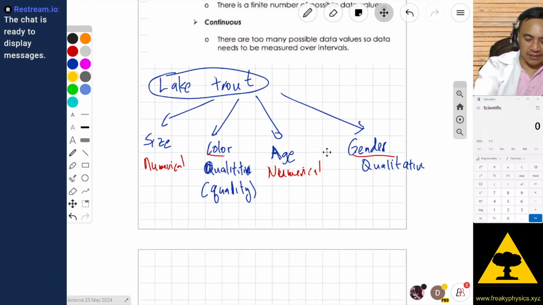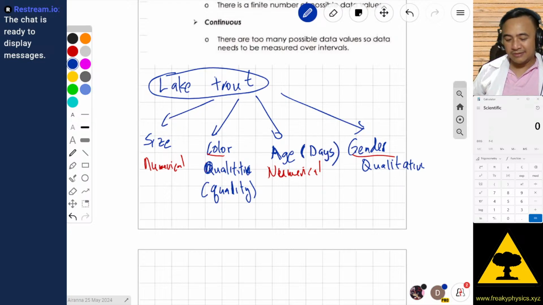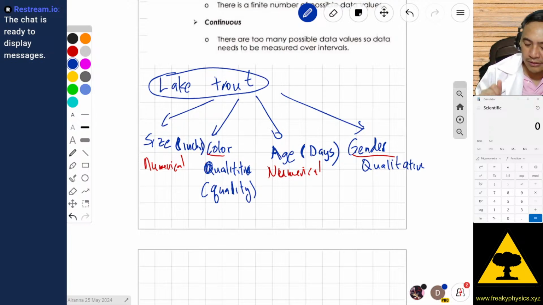Now I'm going to be more strict here, and I'm going to say that the age is in days, and the size would be in inches. Which of those two, the age in days or the size in inches, would you have... Okay, let's make it easier.